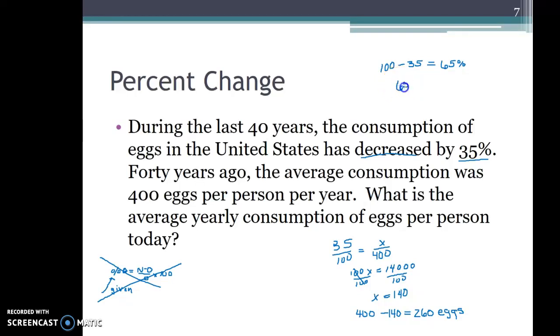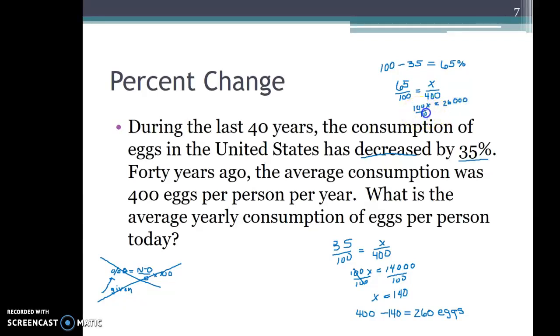So 65 is 65 out of 100. We want to know the part that they eat today based on 400 being the original amount. Again, we can solve with cross products, so 100x is equal to 26000.